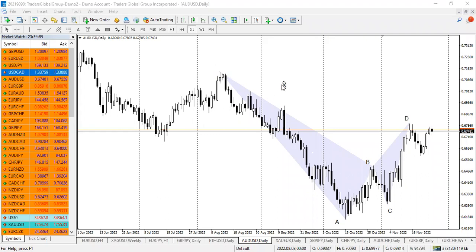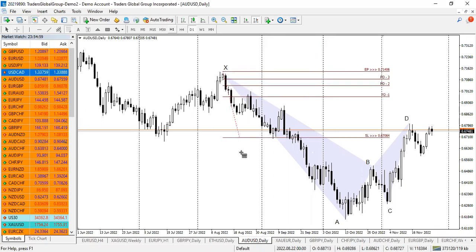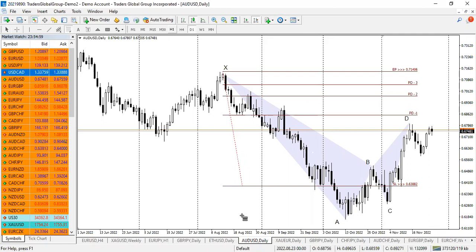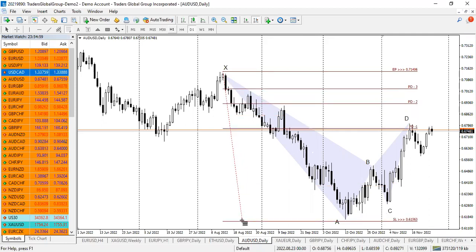So this becomes my X. That means if this must be my X for this journey, for me to say that I will have a Gartley, I draw my Fibonacci from X to A.